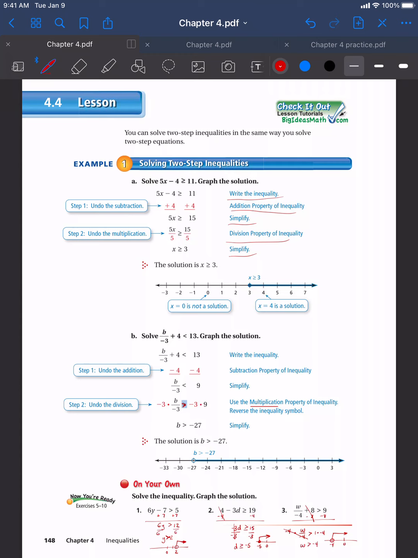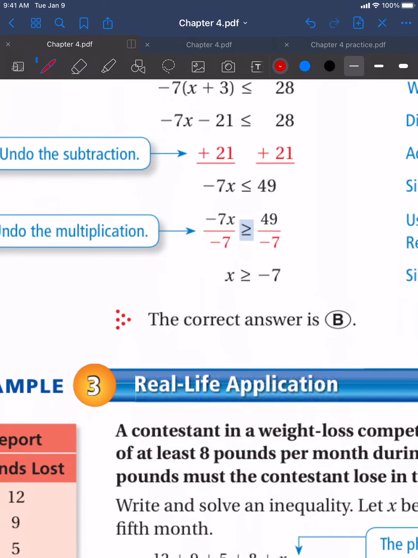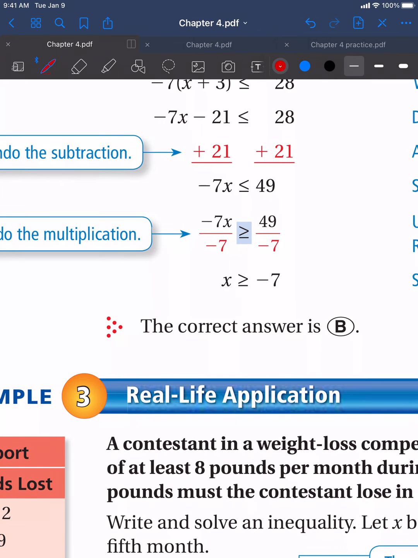If you are multiplying, it flips the symbol. It doesn't flip the symbol if you're dividing. It doesn't flip the symbol if you are adding or subtracting. It flips the symbol when you multiply. Use the division property of inequality, reverse the inequality symbol. Well, I guess they divided right here, right? And it flipped the symbol.